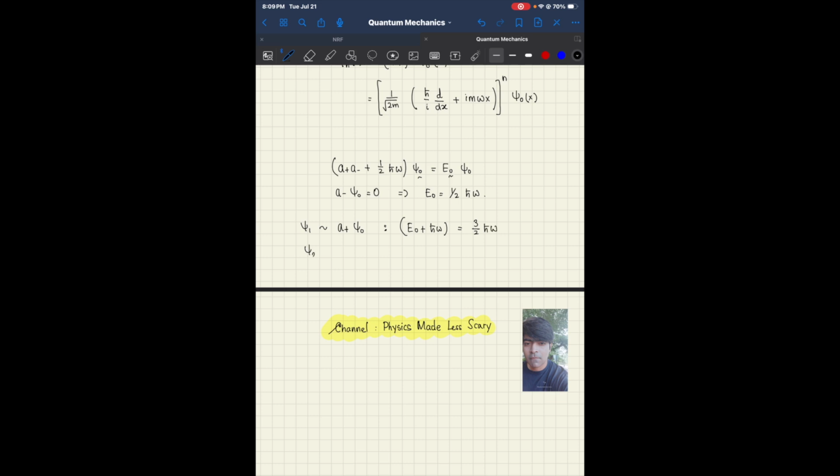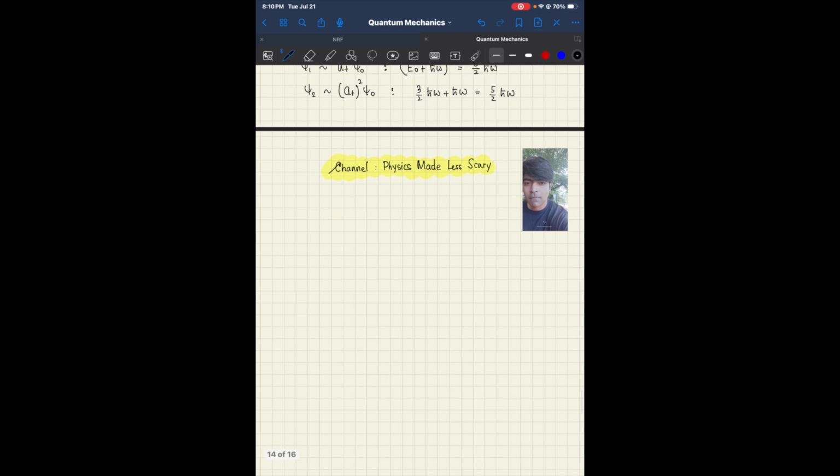So your psi 2, which is proportional to a plus squared psi 0, would have eigenvalue 3 by 2 h cross omega plus h cross omega again, which is 5 by 2 h cross omega, and so on and so forth, right?